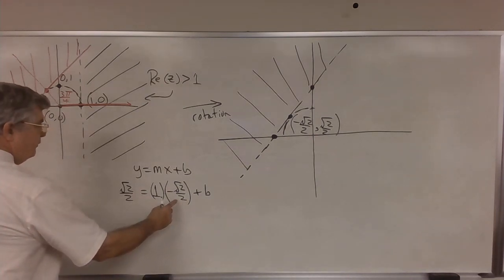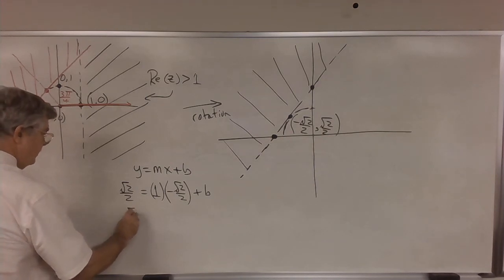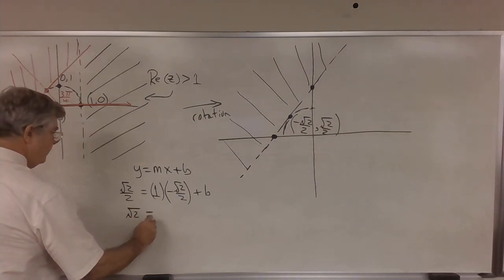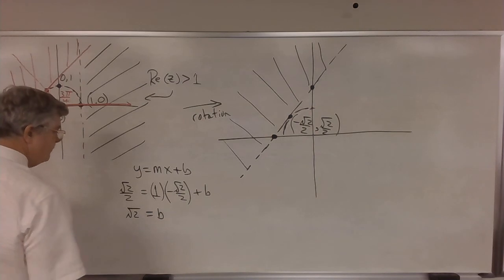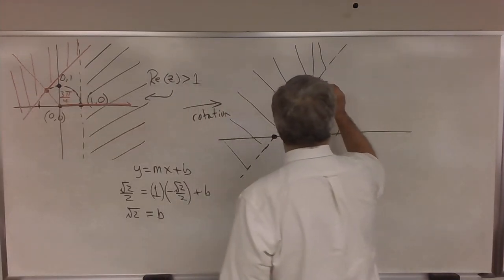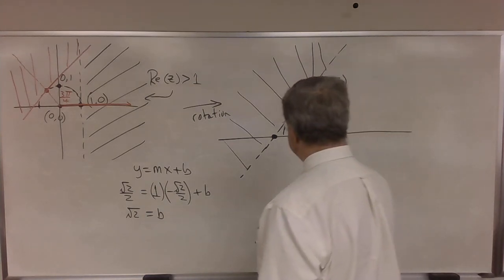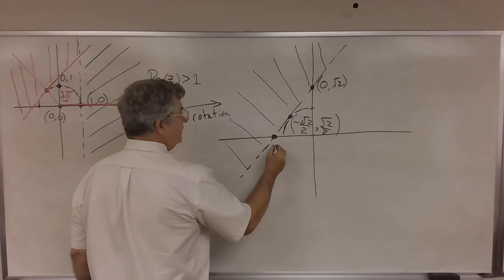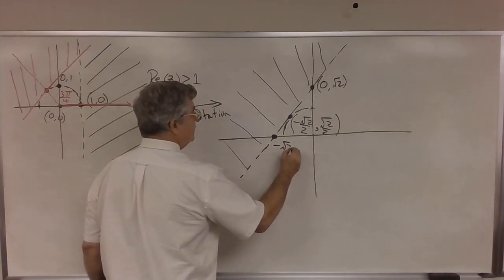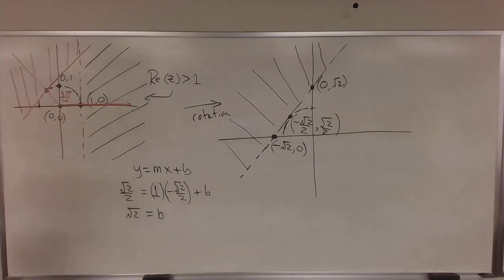So I'll bring that to the other side, and I'll have square root of 2 equals b. So x equals 0, y equals square root of 2. And by symmetry, this is going to be negative square root of 2, y equals 0. Okay, cool. So there's my rotation.